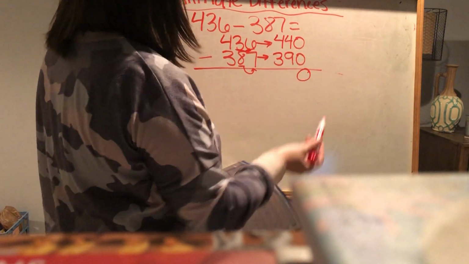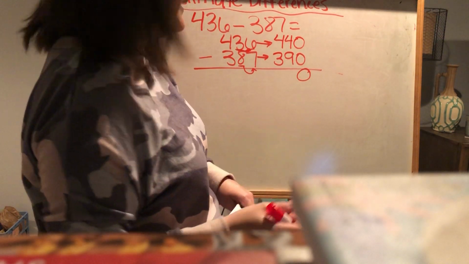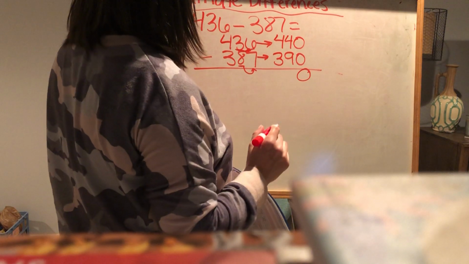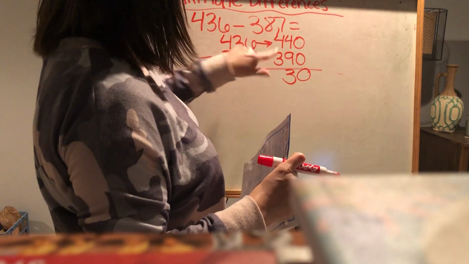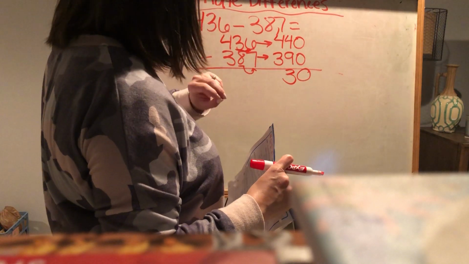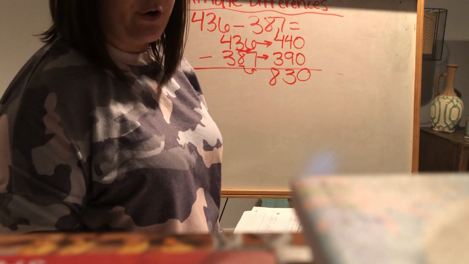Okay, 9 minus 4, 5. 4 minus 3 is 1. So our estimated difference is 50, okay?